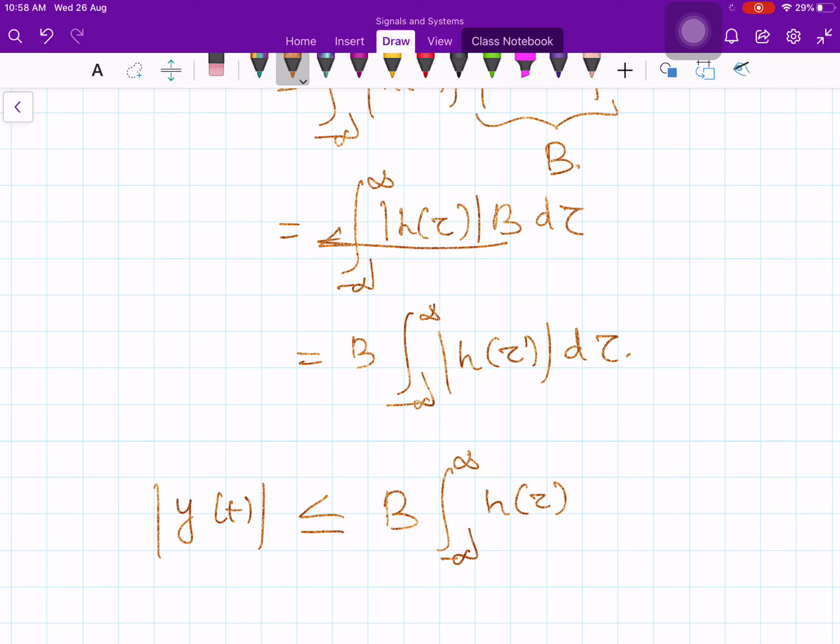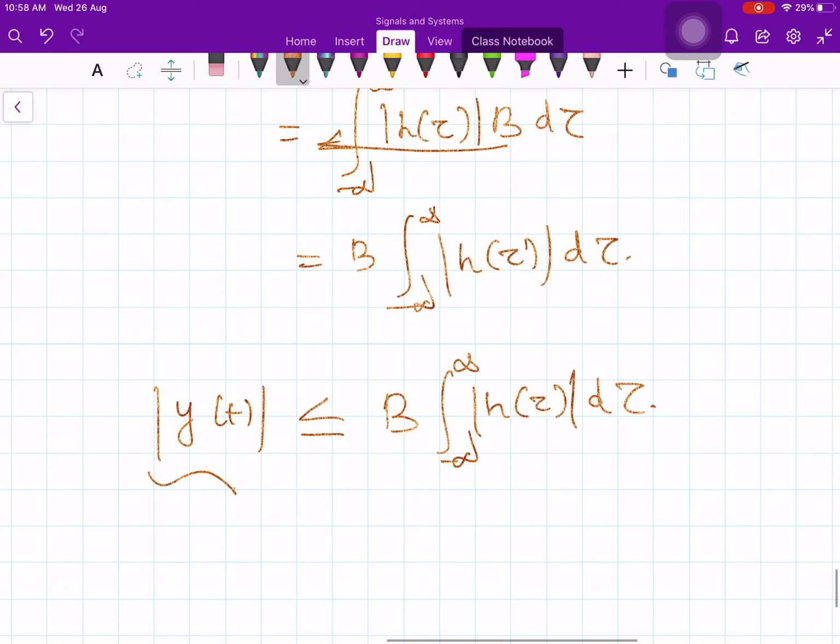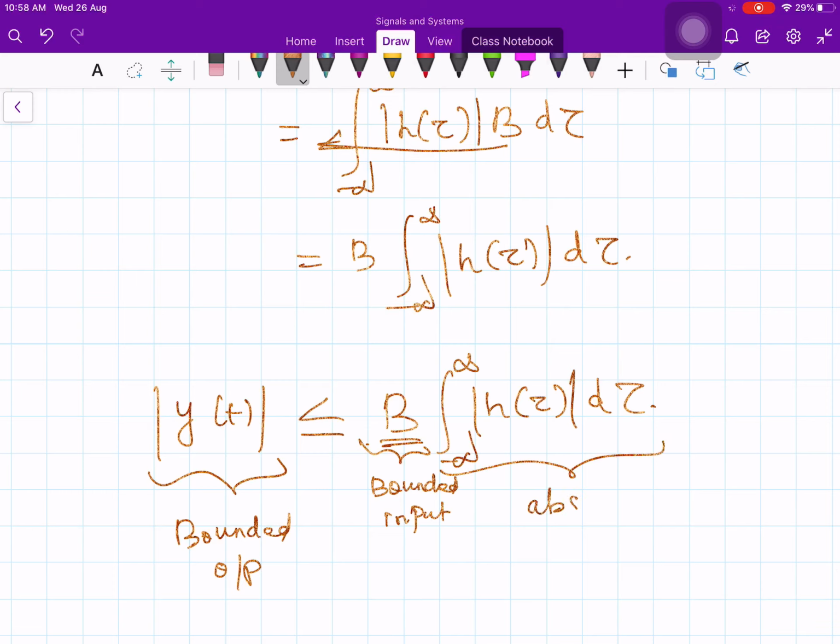Now, in order to get a bounded output, the input should be bounded by this value B, and h should also be absolutely integrable. Okay, that's what we mean.